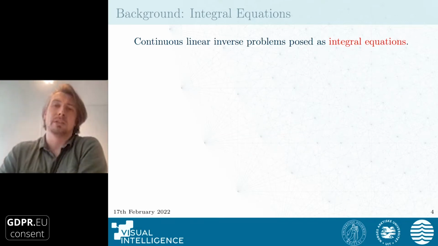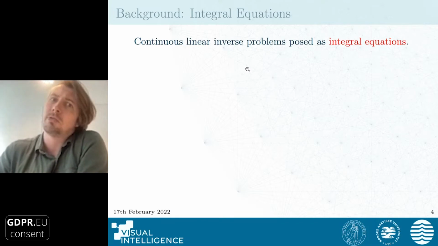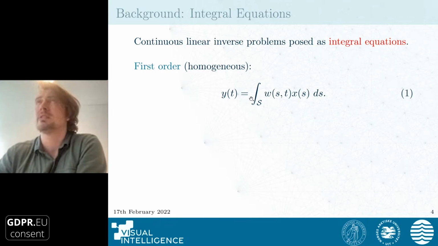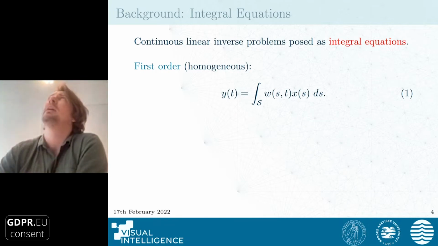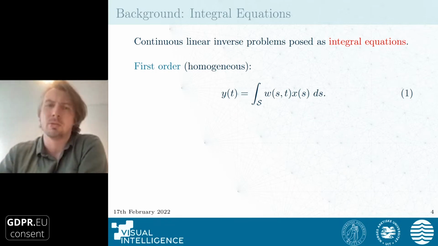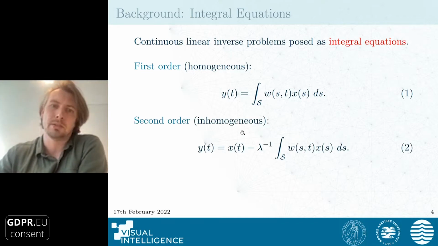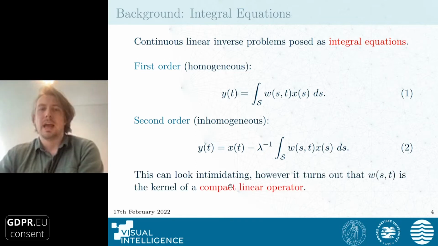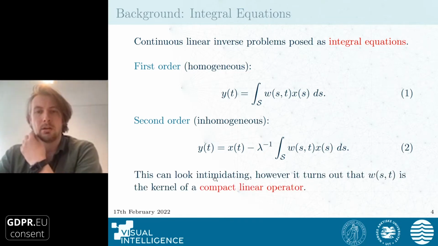The background for inverse problems comes from integral equations. An integral equation can be classified in two main groups: the first order integral equation, which we call homogeneous, and the second order integral equations that we call inhomogeneous. This can look a little bit intimidating.